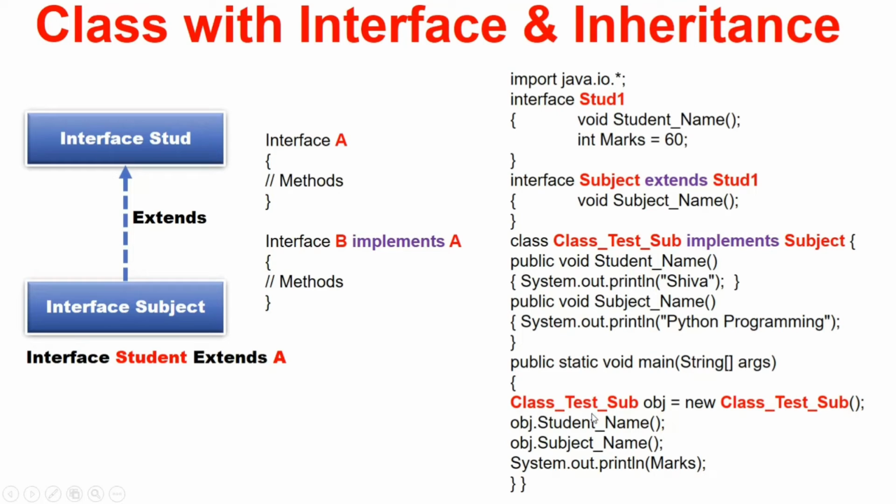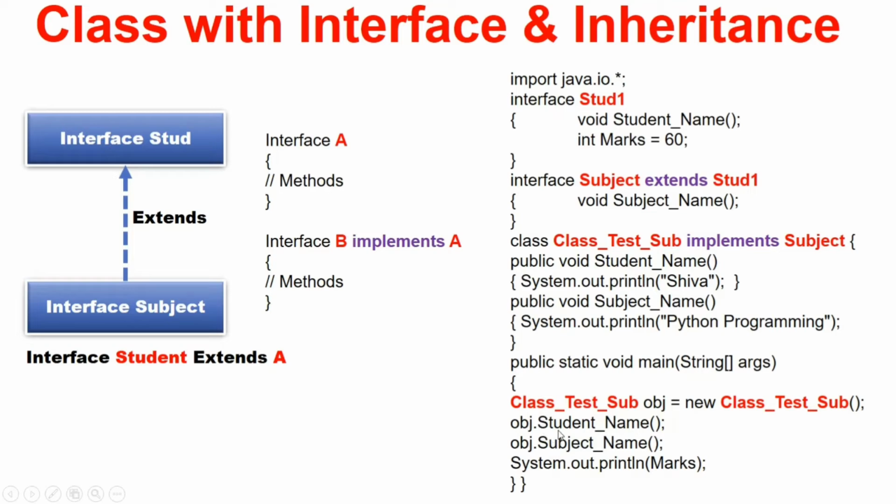Now we come to the main program of class_test_sub. We are creating an object to access the student name, which is available here, Shiva, and the subject name. The methods are available for these two output statements. The student name is available in the student interface, and the subject method is available in the subject interface.